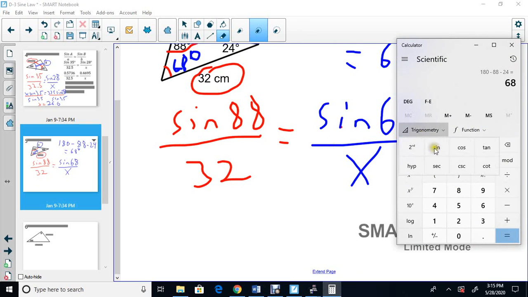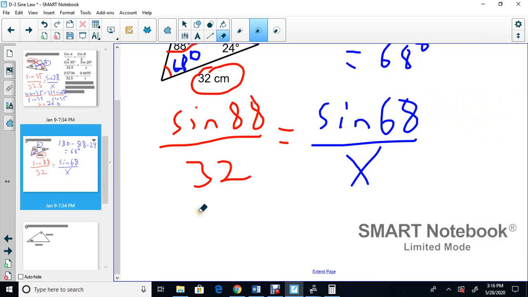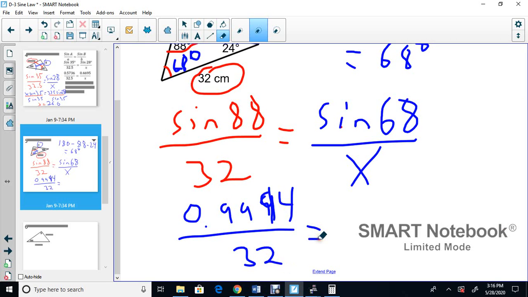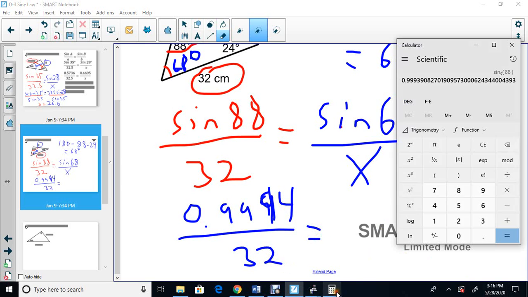I put 88, not 888, here, sine. So I get 0.9994 over 32.